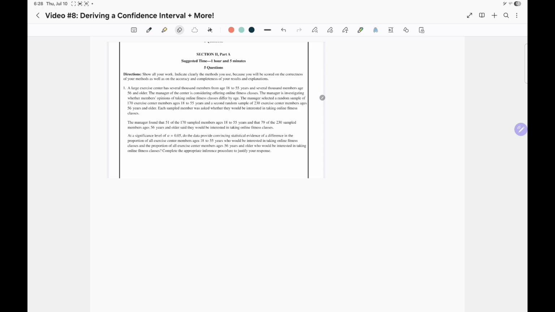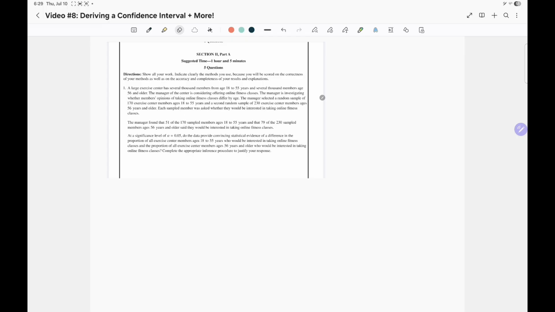A large exercise center has several thousand members aged 18 to 55 years and several thousand members aged 56 and older. The manager of the center is considering offering online fitness classes. The manager is investigating whether members' opinion of taking online fitness classes differ by age.